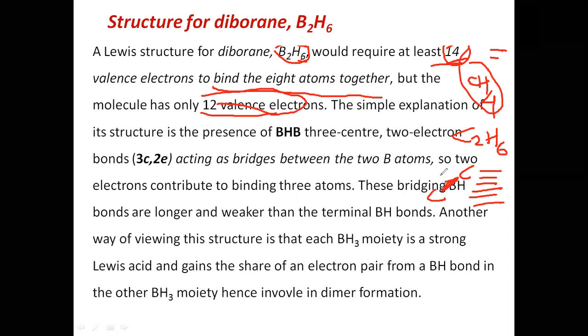So there should be 14 electrons, and there are. Therefore this fulfills VBT and its postulates.